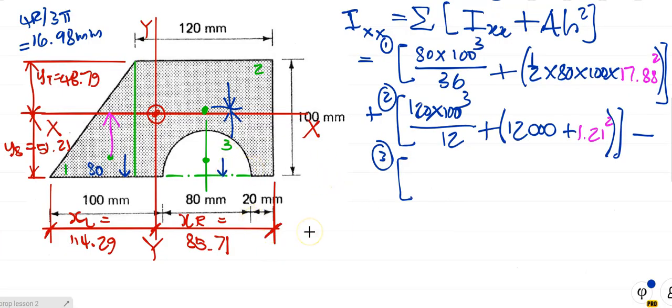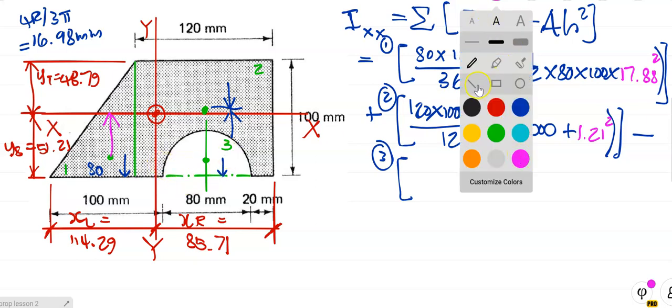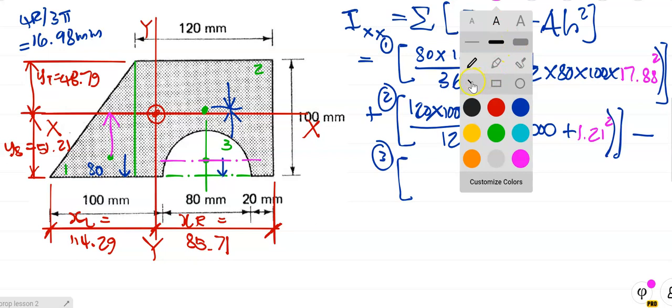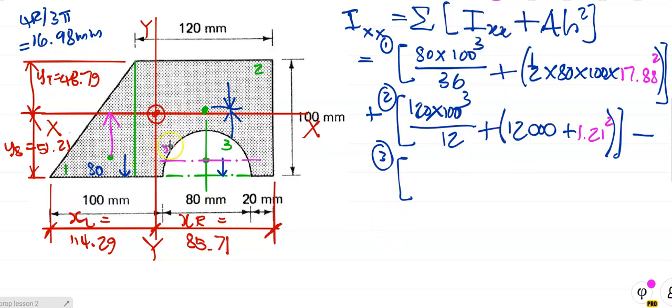So if I draw the line in, the x-axis for the semicircle is lying over there like so.